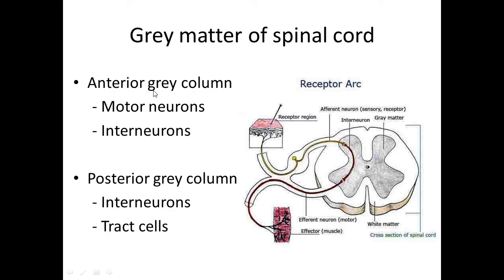So the anterior grey column consists of the motor neurons and interneurons. So this anterior gray column shows the motor neurons, and these are usually the lower motor neurons, and it also consists of interneurons, while the posterior gray column consists of interneurons and tract cells.